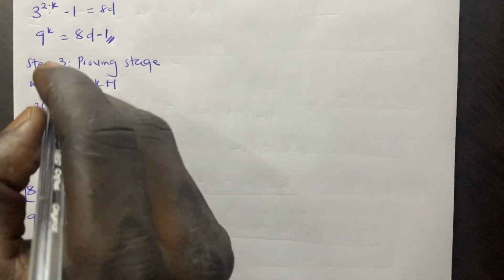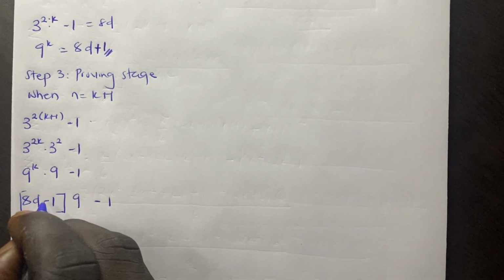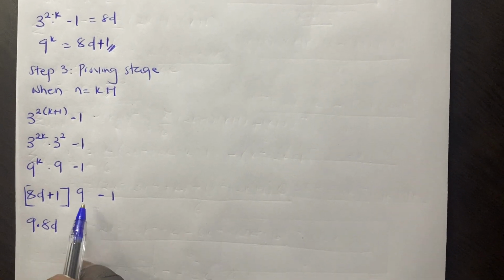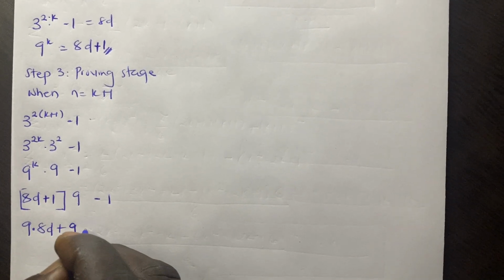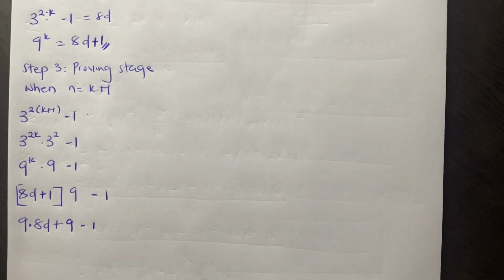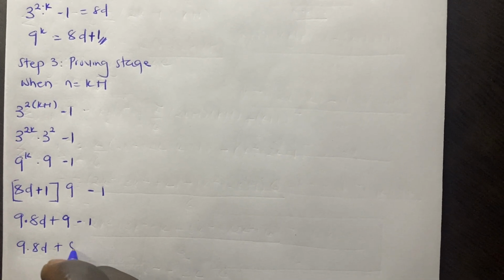Sorry, this should be plus 1. You have minus 1 on the other side, so when it crosses to this side, it has to be plus 1. So 9 times 1 is going to give us 9, so plus 9. And now we have our minus 1 here. So 9 minus 1 is going to give us 8. So we have 9 times 8d plus 8.